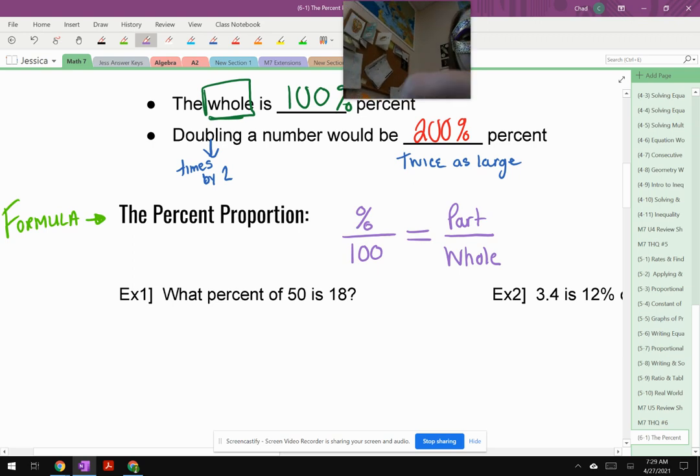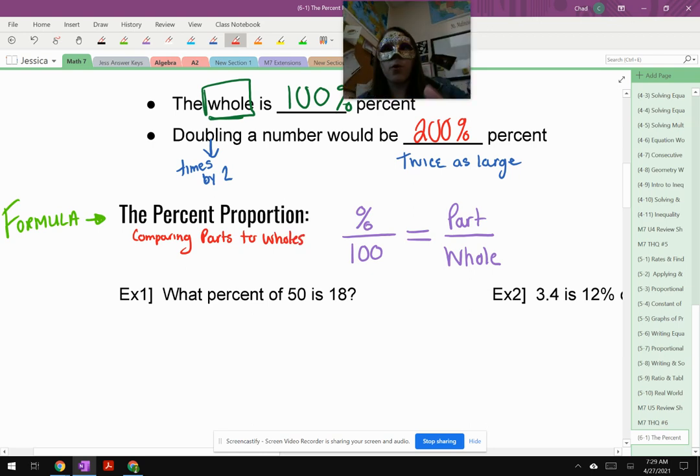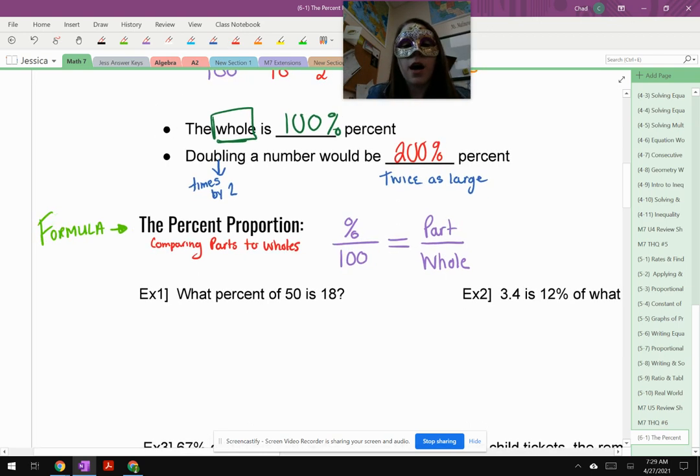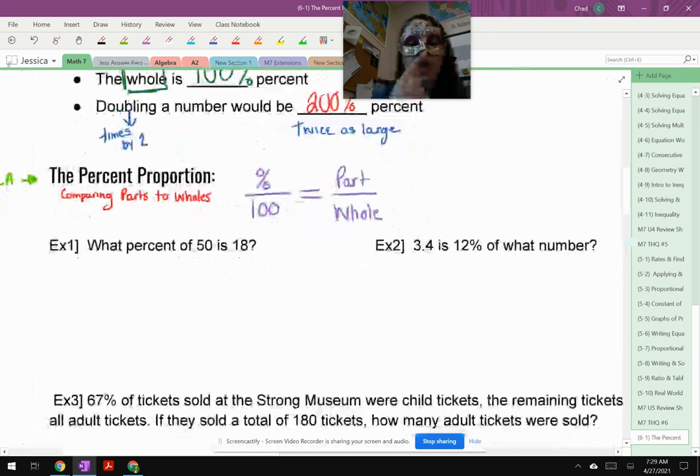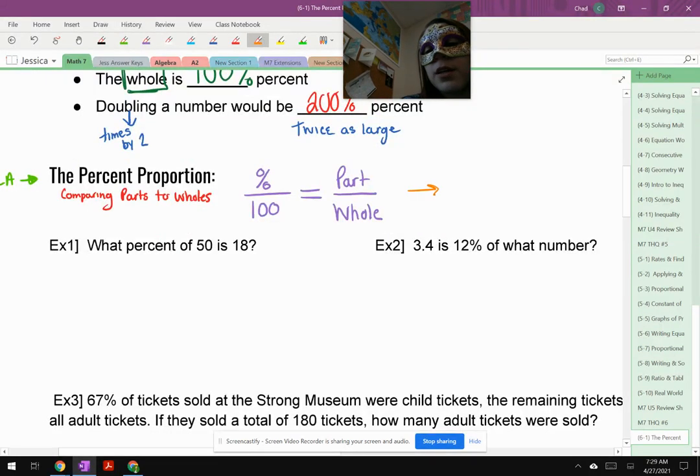A lot of what we're doing this entire unit is just comparing parts to wholes. Parts on top, wholes on the bottom. When we have that proportion, remember we're going to be using cross multiplication to solve.